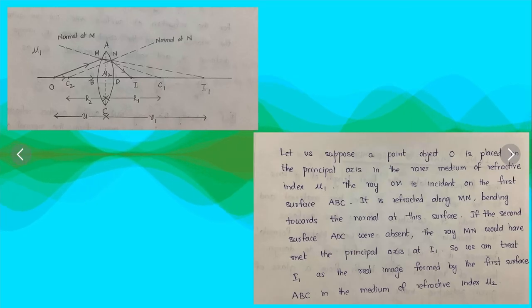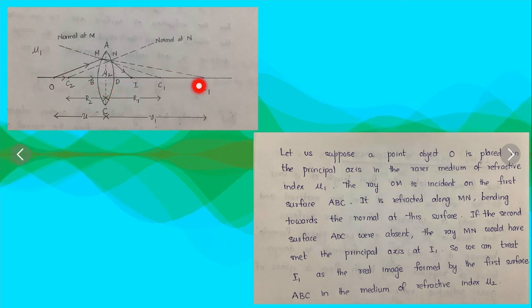Now, let us suppose a point object O is placed on the principal axis. You know, this is the principal axis.